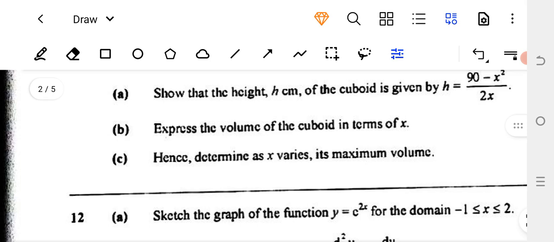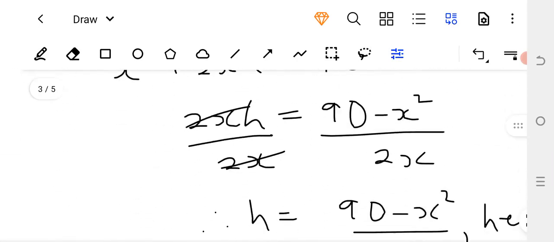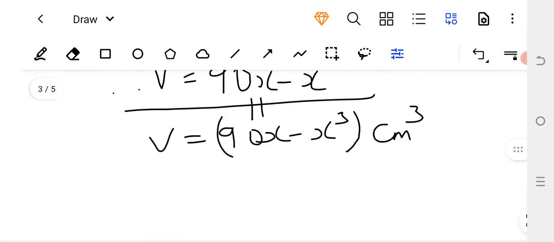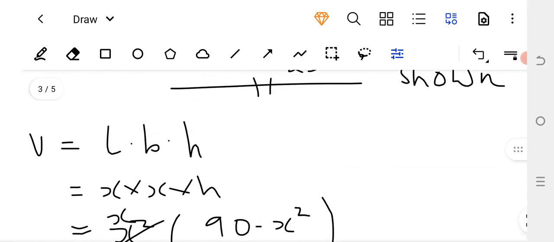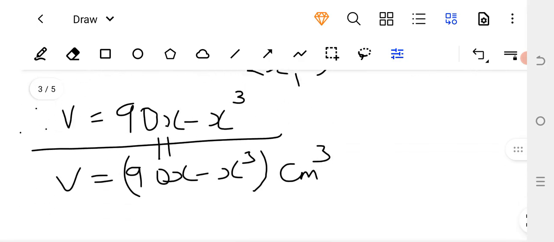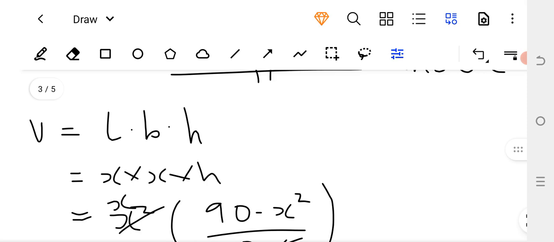Hence, determine as x varies its maximum volume. Maximum volume. Okay, when I say maximum, is something ringing in your head?